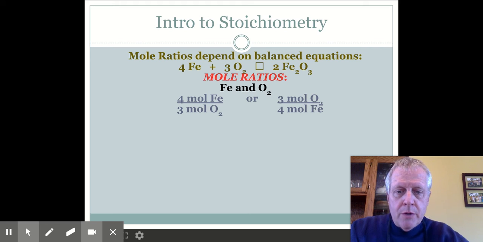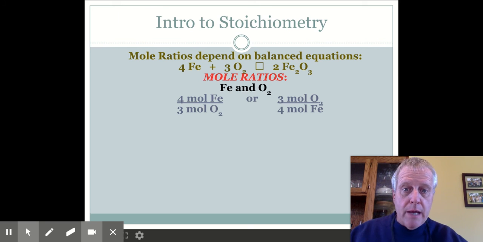But when you create these conversion factors, the purpose of that is so that when you solve a problem, you end up with the correct unit. Like in the first one here, 4 moles over 3 moles, since 4 moles of iron is on top of the conversion factor, that's the unit you're going to end up with, because most likely you're going to be setting the problem up so that you can cancel out the units that you need to cancel out.